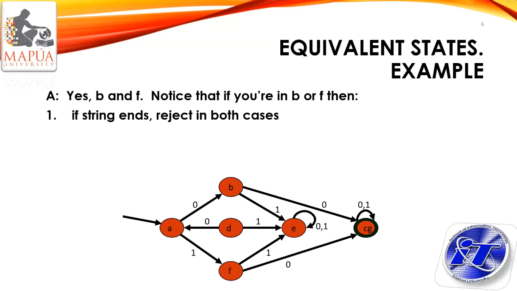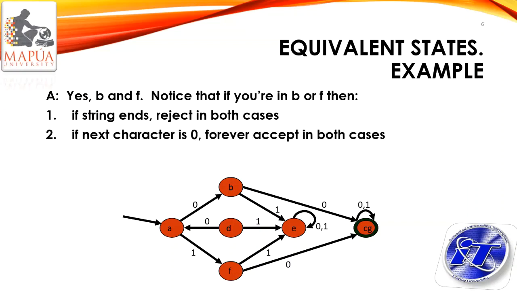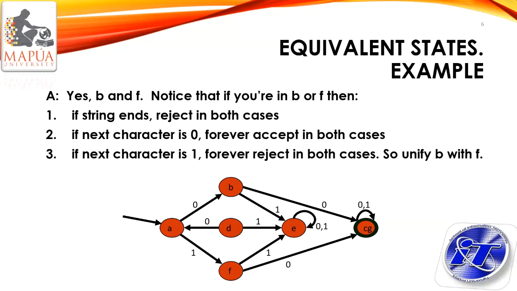The string ends in reject in both cases. If the next character is 0, where will it go? Both will go to CG. B, CG. F, CG. How about 1? It will go to E. Am I right? Yes. So therefore, B and F are the same. They are equivalent. So therefore, you could unify B with F.